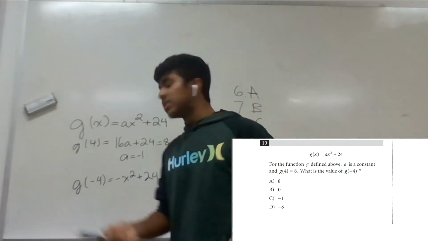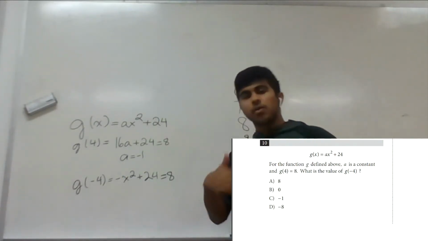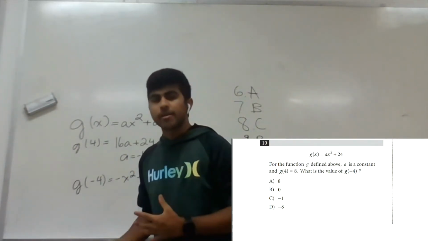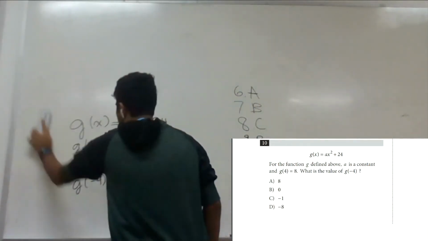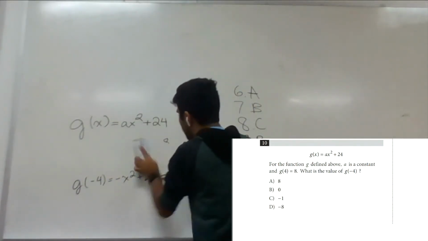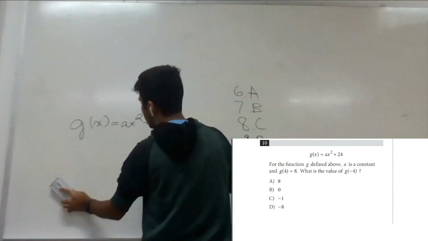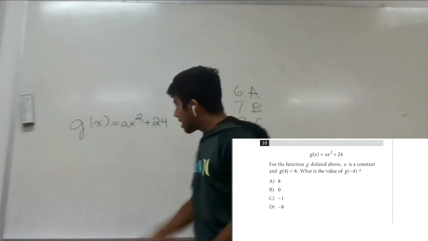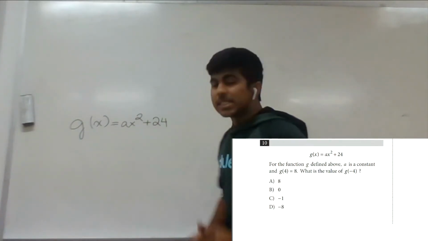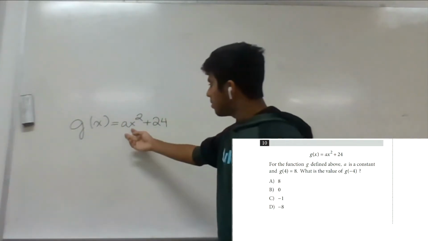There is obviously a reason for that. The reason is because if you square 4 or negative 4, you get the same thing, right? So let me just erase this for a second. You can notice that this original function up here is what we call an even function, because every single term has an even degree. This is degree 2, x squared.